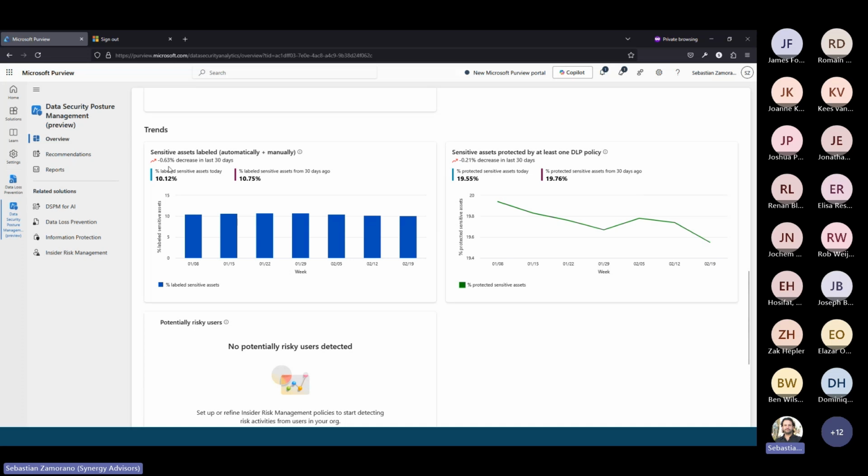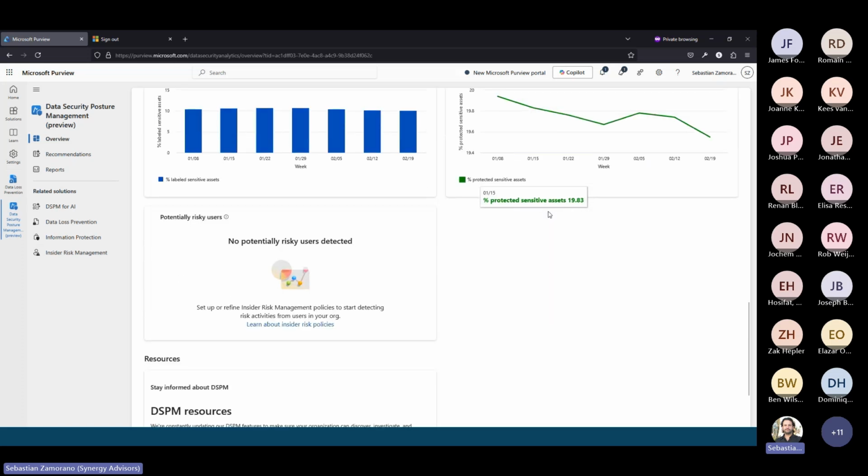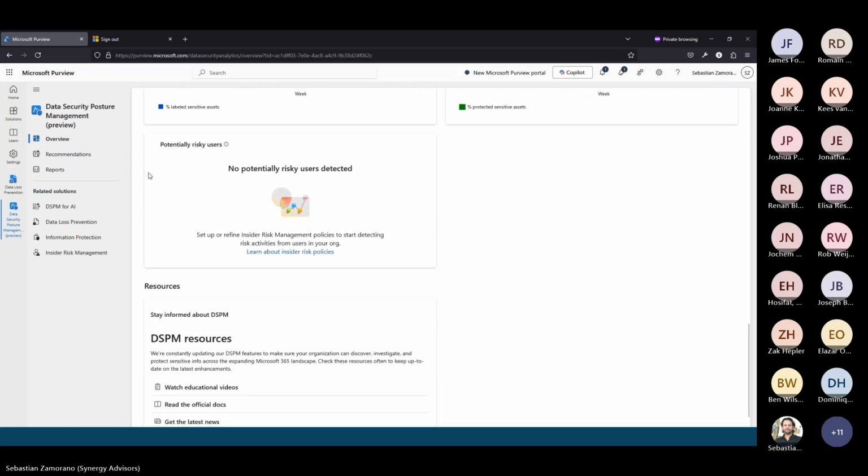That means we are going down in protecting the data in this environment. You can use this information to see more details. The same happens in this one, a very simple comparison with the past 30 days.